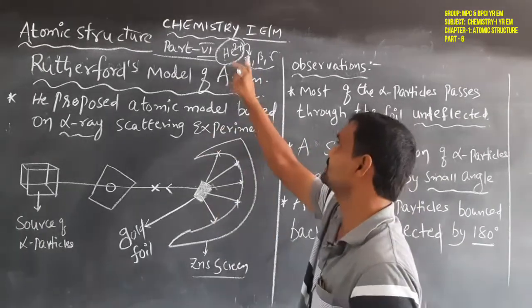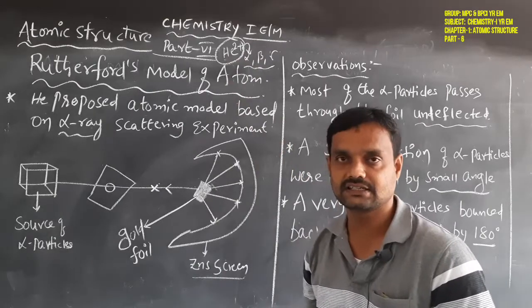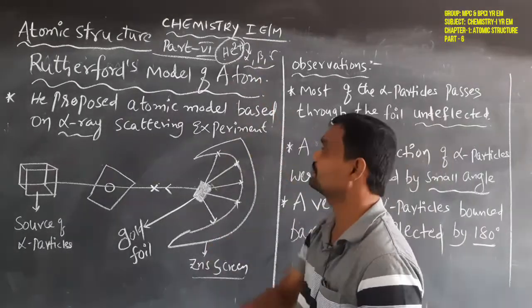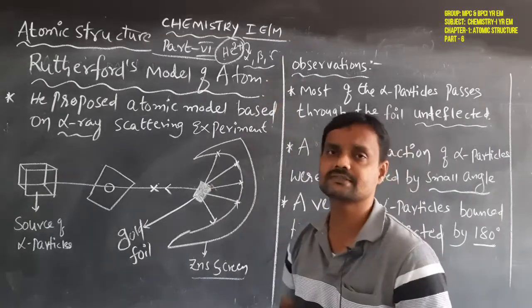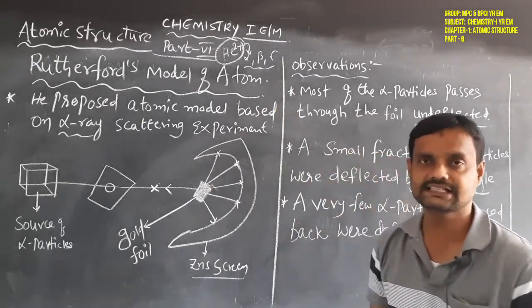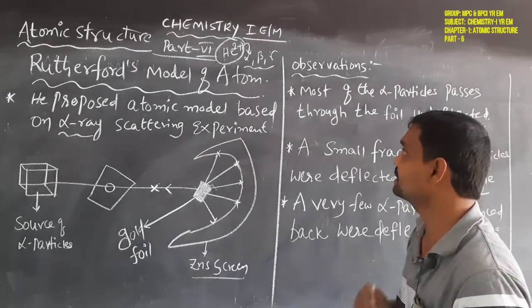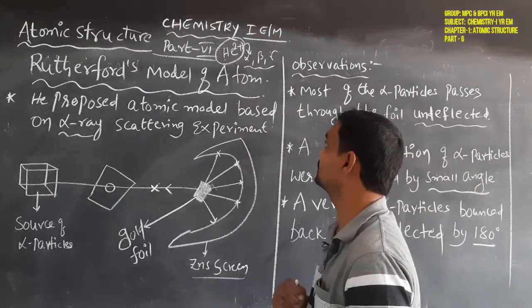Beta particles are nothing but negatively charged particles. Gamma rays look like X-rays. So this is the meaning of alpha, beta, gamma particles.